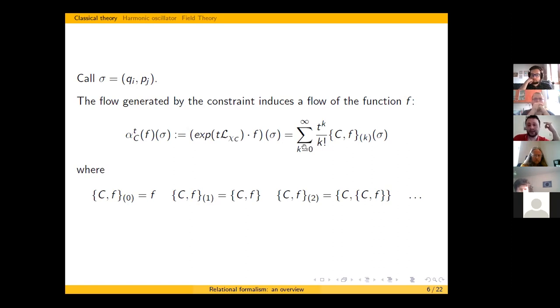And it's very simple to prove that this corresponds to this power series, where the subscript k just stands for this, namely, these are called the iterated Poisson brackets. So we have infinite terms like this.